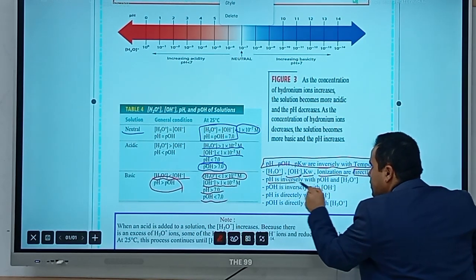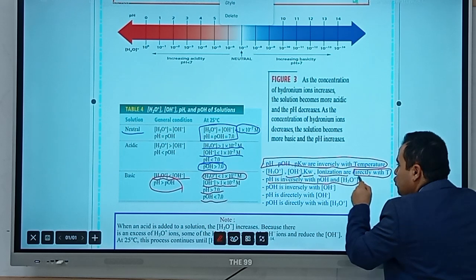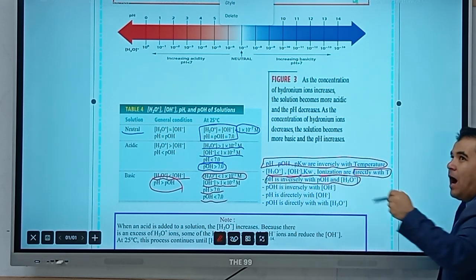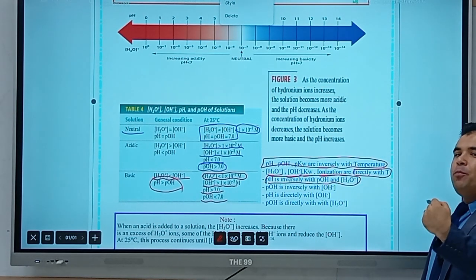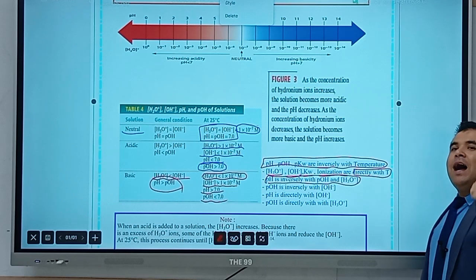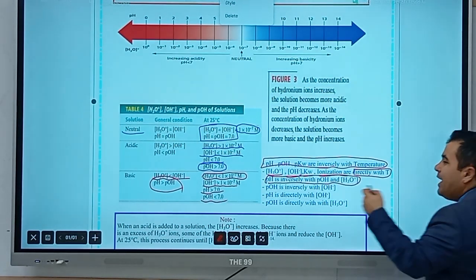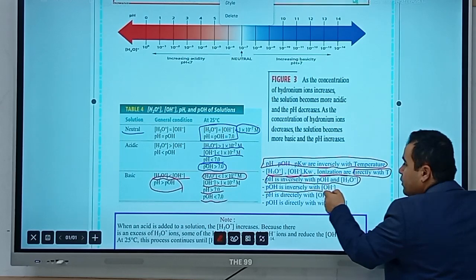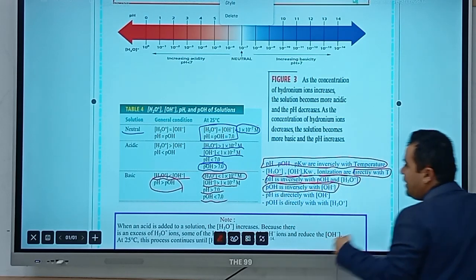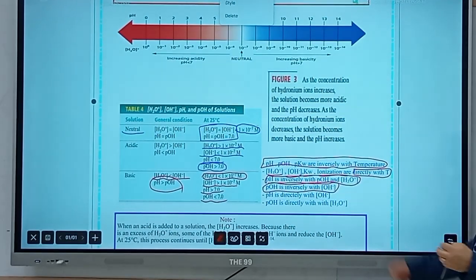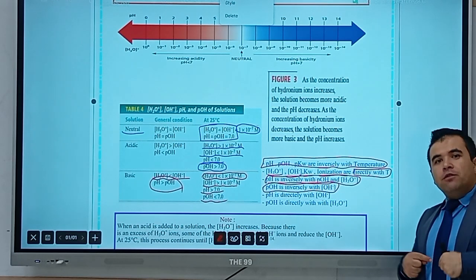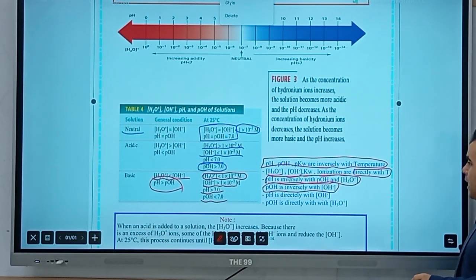pH, guys, is inversely related to the pOH and hydronium. So a high hydronium means a low pH. A high pH means a low pOH. pOH is inversely related to the hydroxide and pH as well. So pH is inversely related to the hydronium, pOH inversely related to the hydroxide.